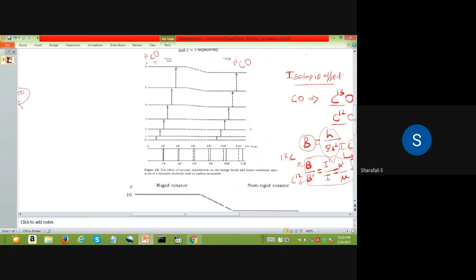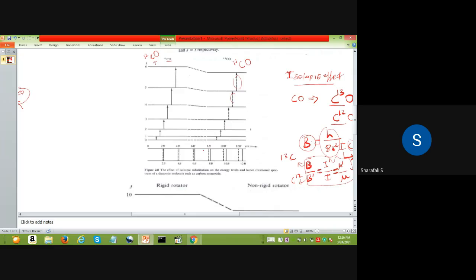So whatever we have in this diagram, the solid lines at 2B, 4B, 6B, etc., correspond to carbon monoxide with the carbon 12 atom, and whatever is the dashed line corresponds to carbon monoxide with carbon 13. So these are dashed lines.